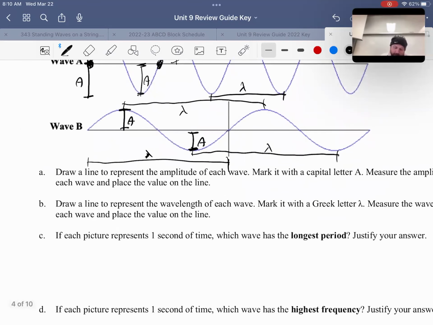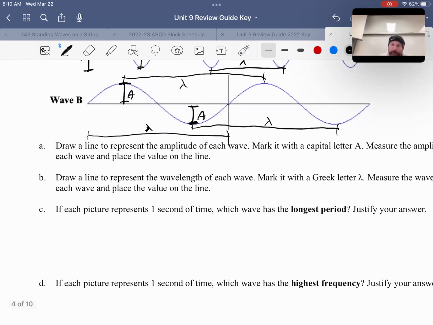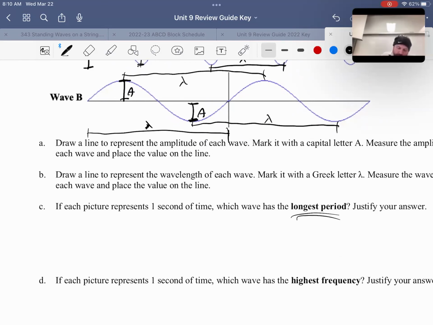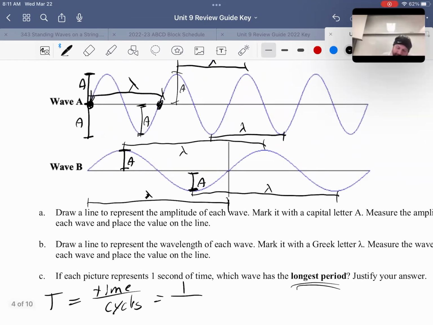All right. If each picture represents 1 second, so each of these happens in 1 second, which would have the longest period? So longest period means most time to happen. Remember, period is the time per cycle. And if I look up there, I can see that one wave, the top wave, has 1 second, and how many cycles happen?